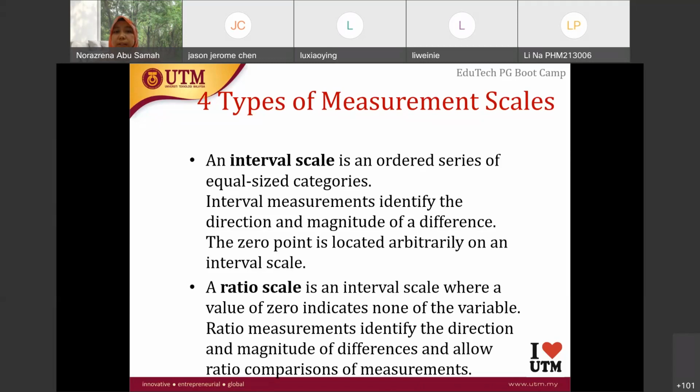An interval scale is an ordered series of equal size categories. Interval measurements identify the direction and magnitude of a difference. The 0 point is located arbitrarily on an interval scale. For example, IQ score: there is no score of 0 for IQ, so it is interval.